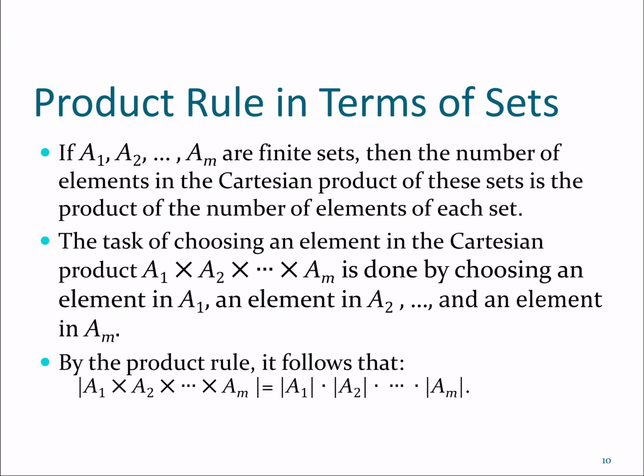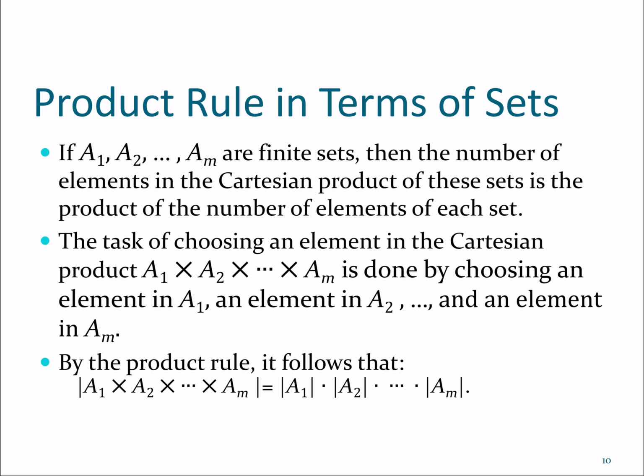And we can use the product rule in terms of sets. If A1, A2, up to AM are finite sets, then the number of elements in the Cartesian product of these sets can be calculated using the product of the numbers of elements of each set, just using the counting rules.